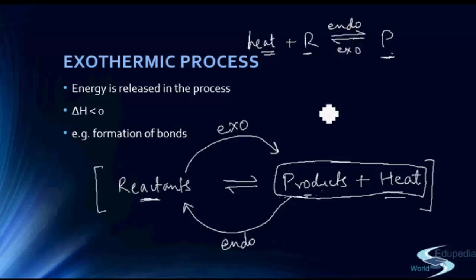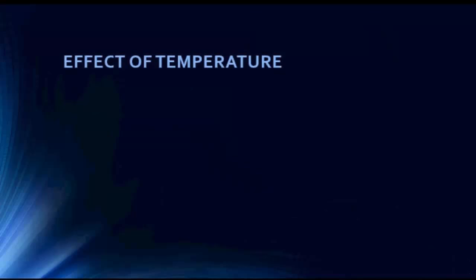So now we have got a better understanding of the terms endothermic, exothermic, and some more understanding of the value of delta H. So let's look at the effect of temperature on reversible reactions present at equilibrium state. The effect of temperature once again can be understood in two ways, either by increasing the temperature or by decreasing the temperature of a system present at equilibrium.